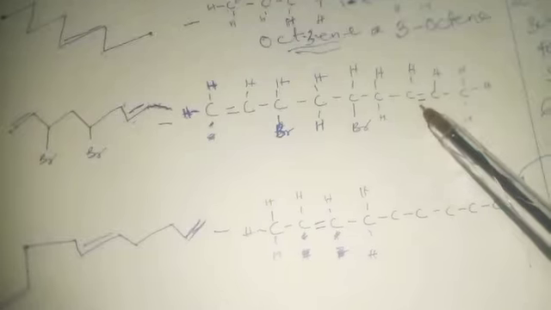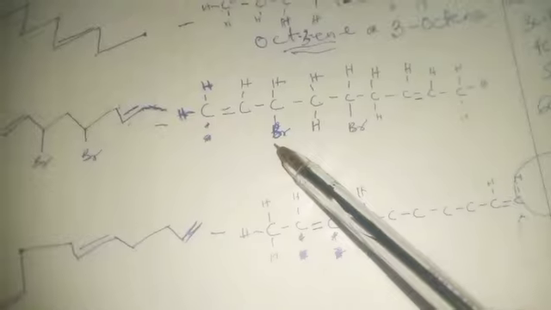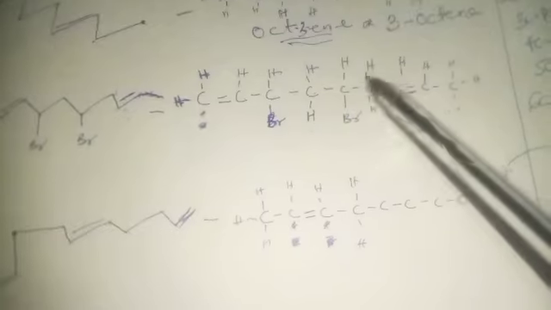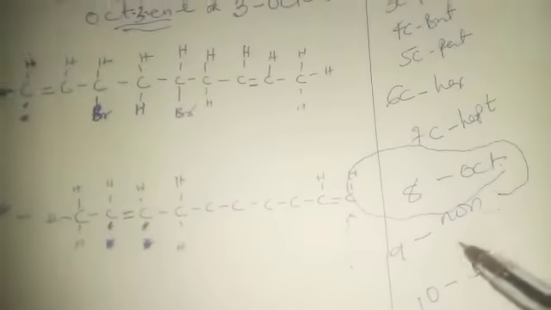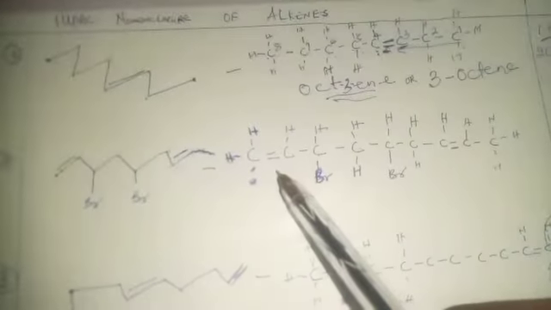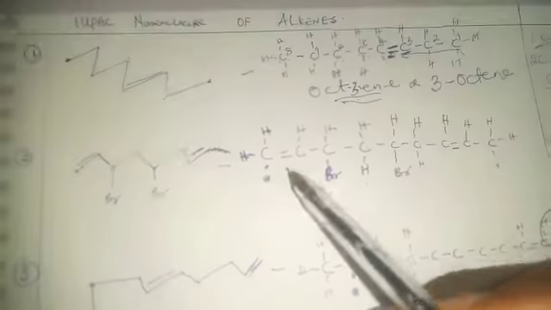We also have bromine substituents. So the first thing is to count the longest carbon chain. 1, 2, 3, 4, 5, 6, 7, 8, 9. When we have 9, we have non. So we have nonene. Remember I said the position of the double bond should be put into consideration. We also have bromine.